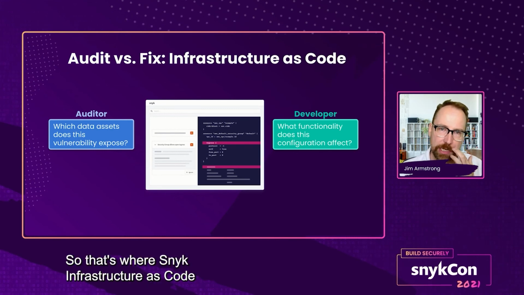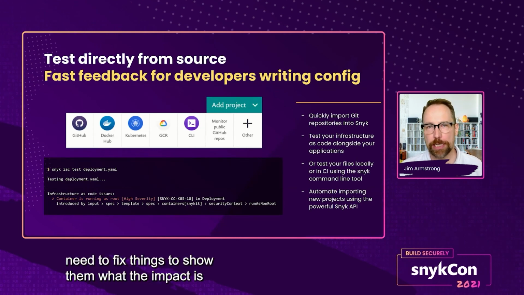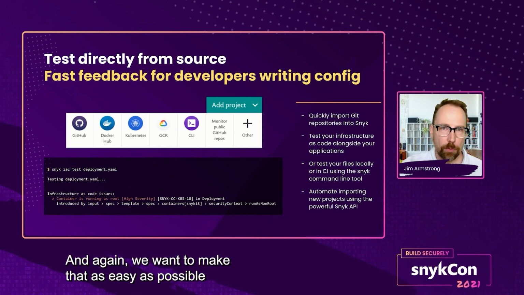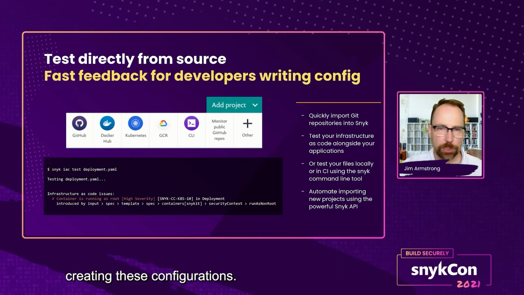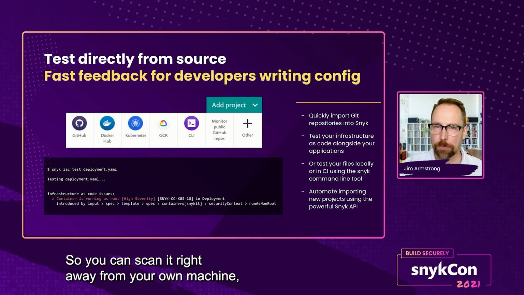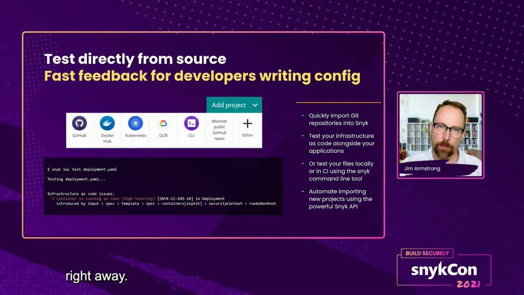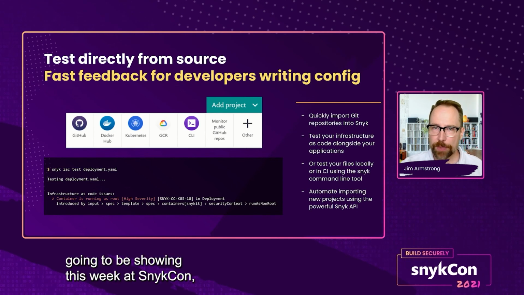So that's where Snyk infrastructure as code really plays. Again, providing developers the information they need to fix things, to show them what the impact is, and get directly to a fix. We want to make that as easy as possible to do as early as you can, when you're creating these configurations. So you can scan it right away from your own machine. You can start to expose the problems there and fix them right away. We talked about the IDE that we're going to be showing this week at SnykCon.